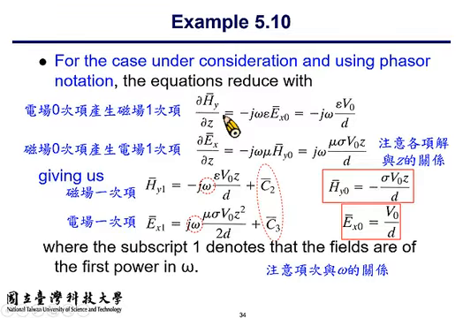So HY1 is produced by EX sub 0, and the HY1 term after the integration is this. So you have a constant C2 to determine. You have another constant C3 to be determined for EX1, which is derived from HY sub 0 term. So here we say they are the first order term because they have one first order omega dependence in both terms.